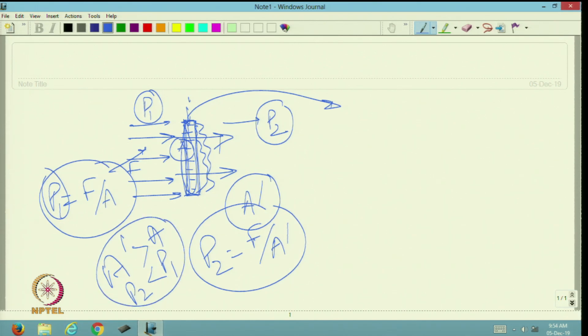So, for the same area of application, how can we increase the area of the filter?